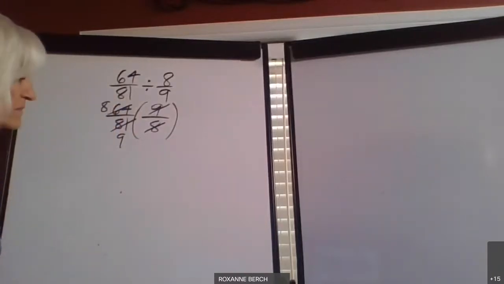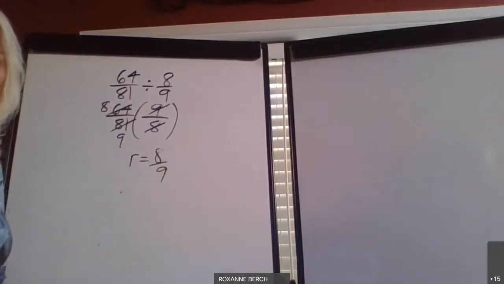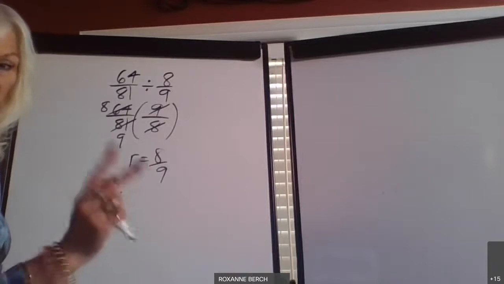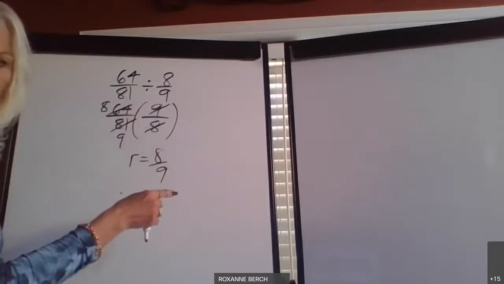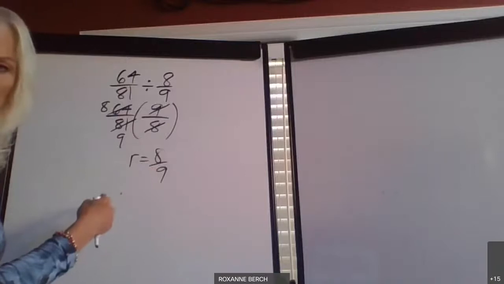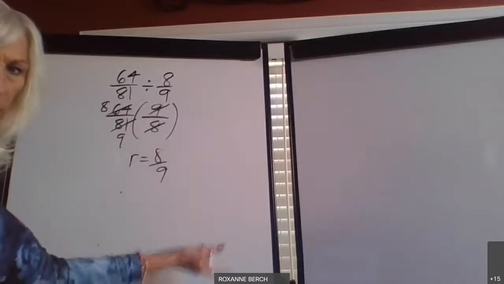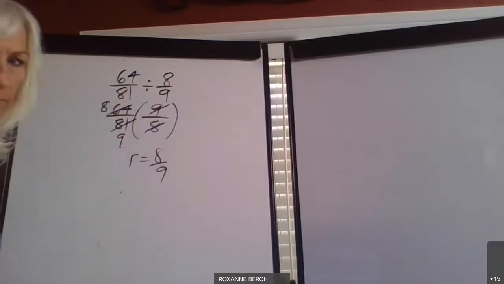So what's that mean? Common ratio is 8 over 9. Right. And we did 2 of them to prove it, right? We did the second term divided by the first one, and we took the third term and divided by the second term and proved that it's 8 9ths, right?